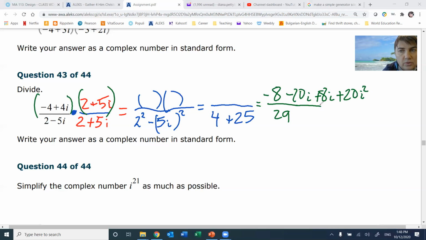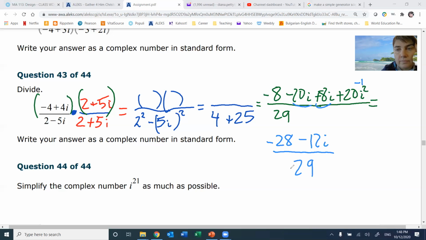I'm distributing, multiplying the numerator. Okay, add the like terms, and also know that i squared is minus 1. So this will just turn into minus 20, right? Minus 20. So minus 28 total. So the whole thing would be, I'll just write the minus 28 since we talked about it. Minus 28, and then we have minus 12i over 29.